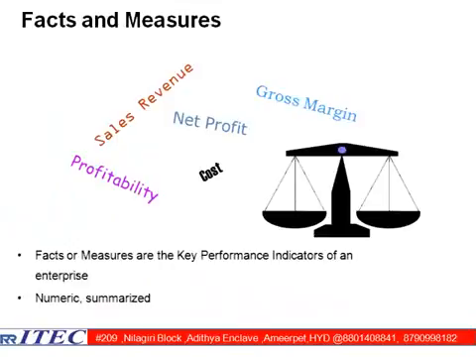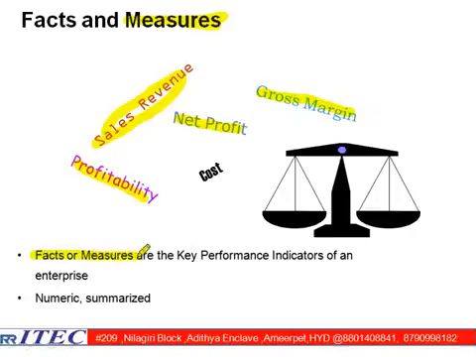This is the meaning of measure. Something you can calculate. If you see here, I have given it symbolically. So if you go and see some examples of measures, sales revenue is what, sir? One measure. Profitability is one measure. Net profit is one measure. Gross margin is one measure. These all things are called as measures.